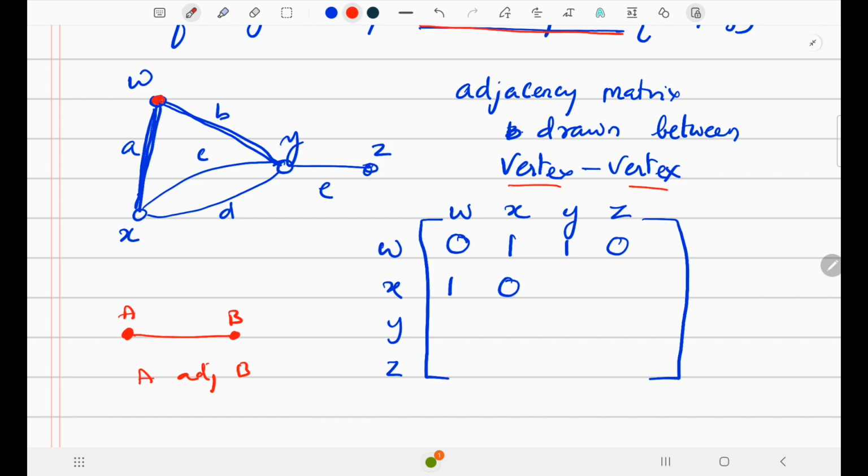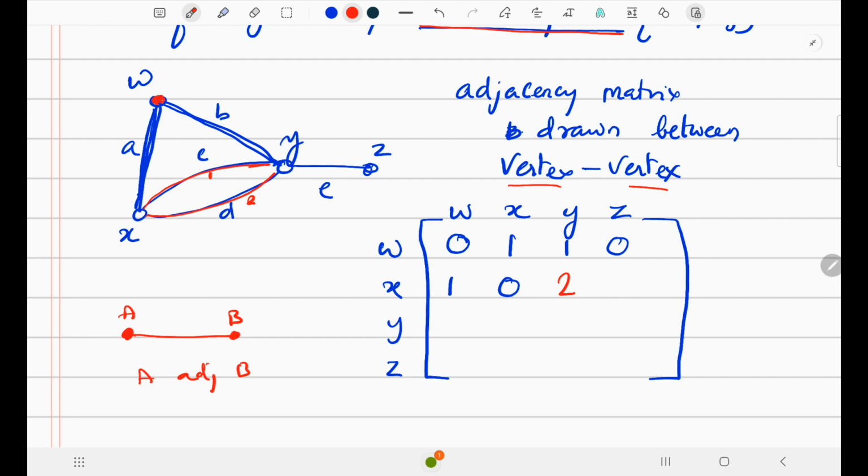And X and Y: here, you see X has two edges connecting to Y. So this is 1 and this is 2. That means X and Y are the endpoints of two edges.